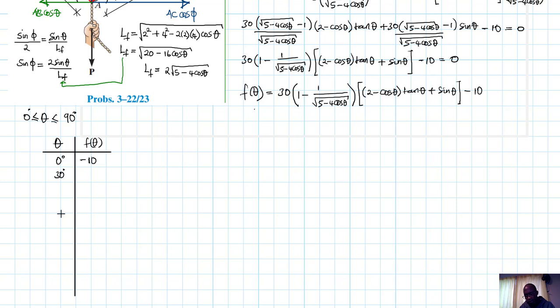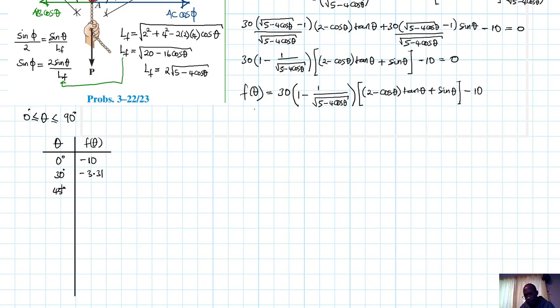It's 30 in each place where theta appears, four places in all. What do we get? We get a minus 3.31.